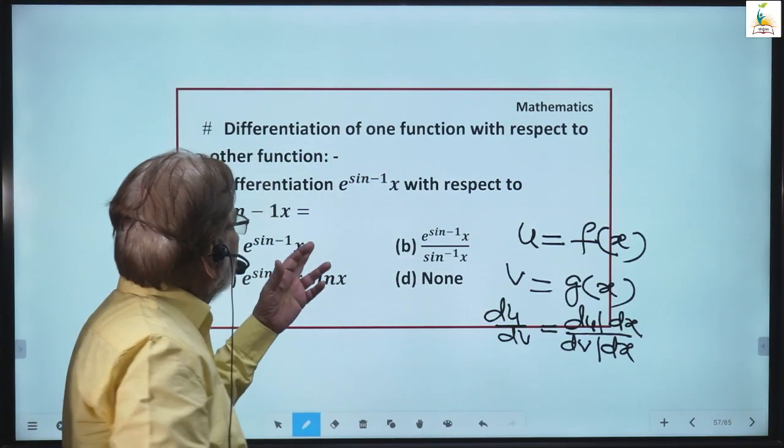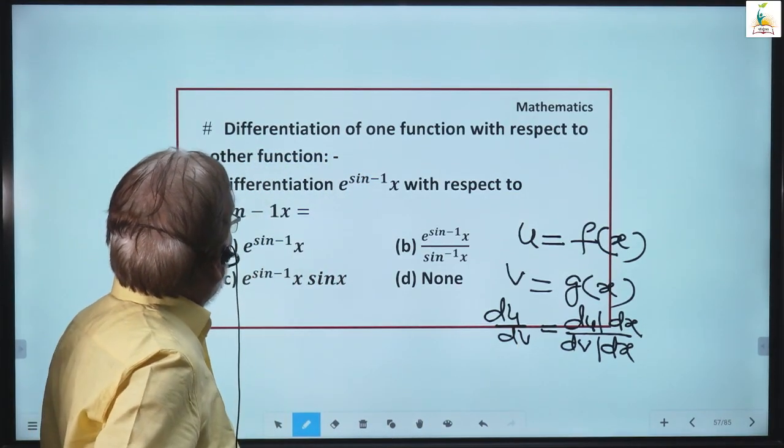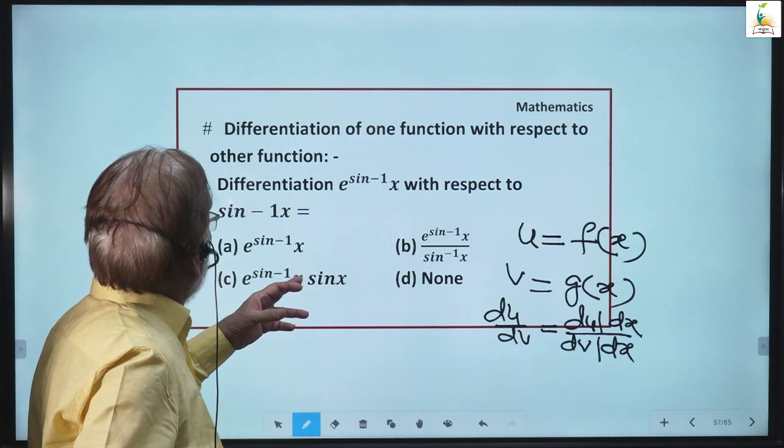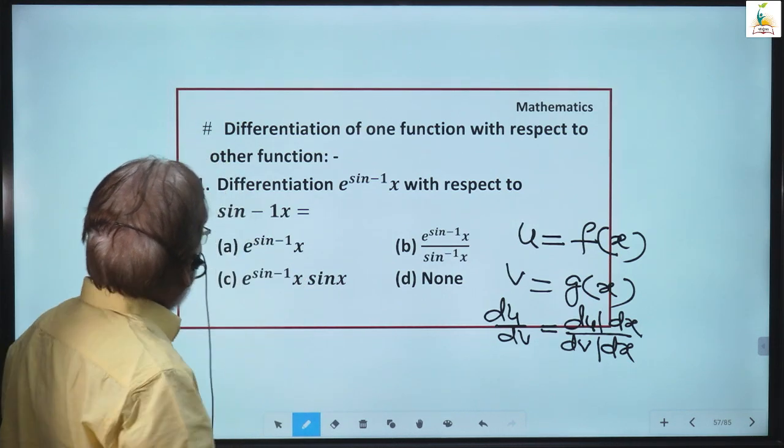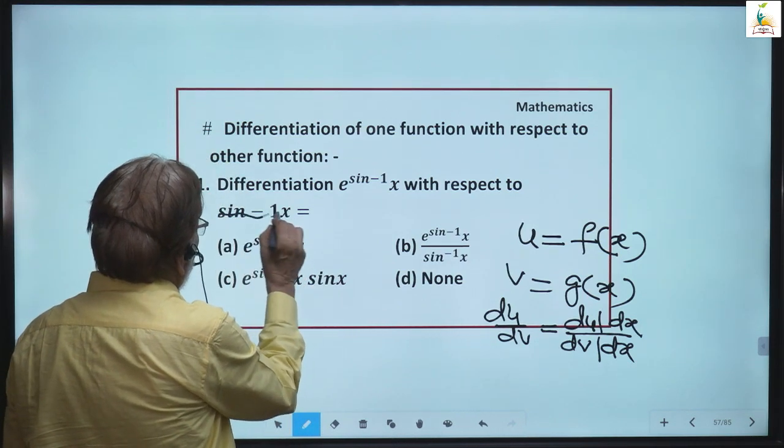For example, you have to differentiate e raised to sine inverse x with respect to sine inverse x.